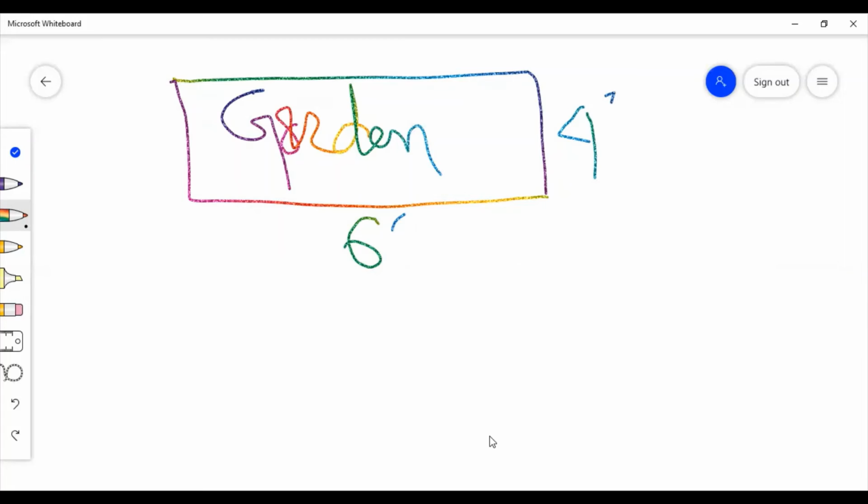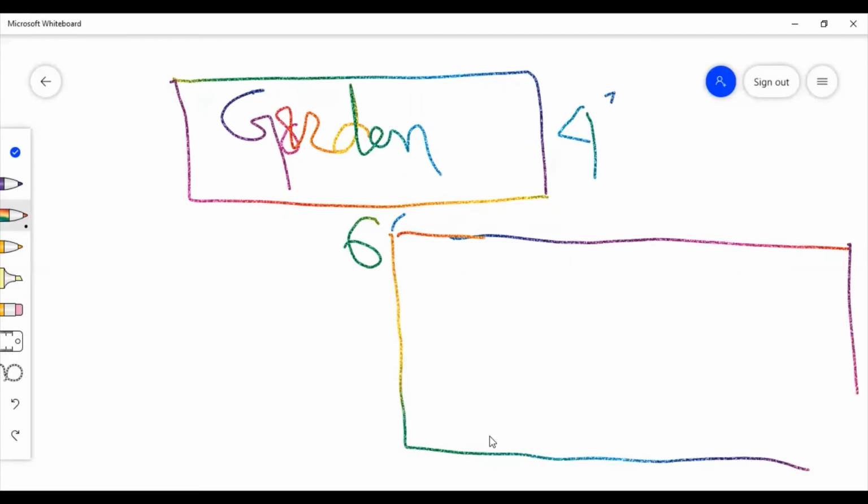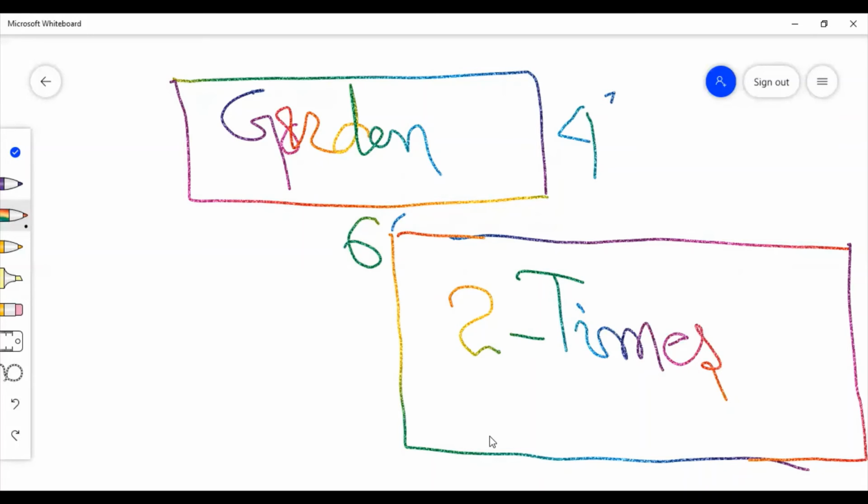The owner of this garden wants to double the area of the plot, making it twice, 2 times the area of this garden.